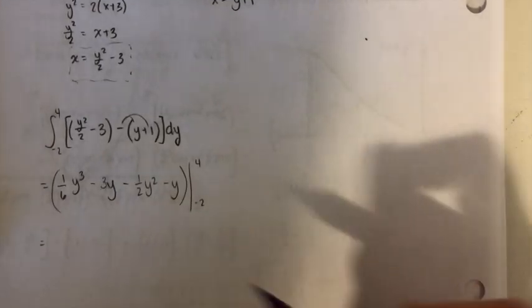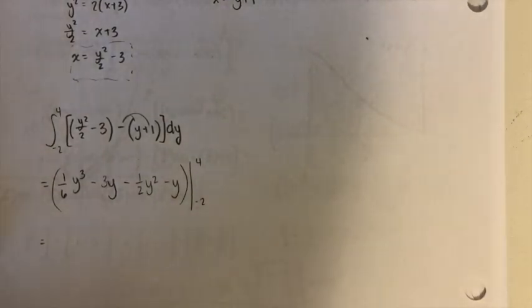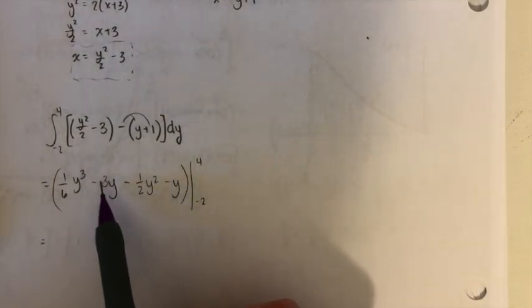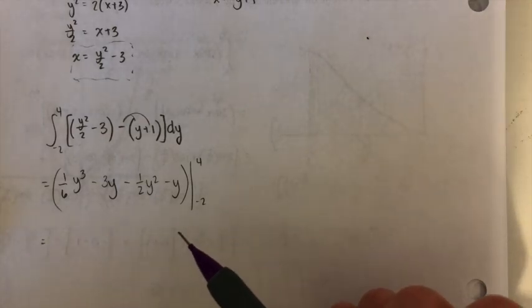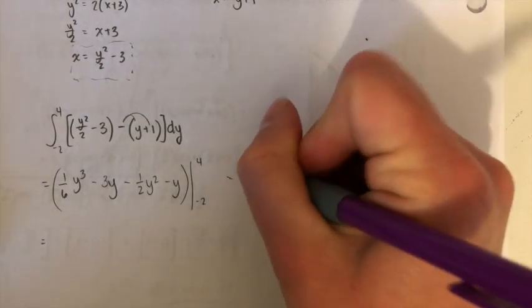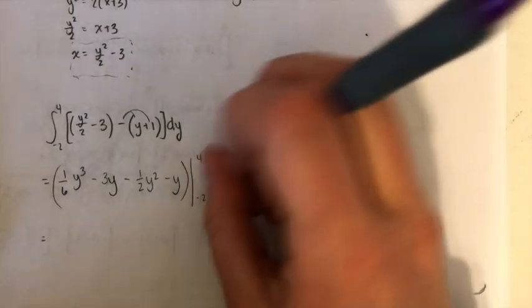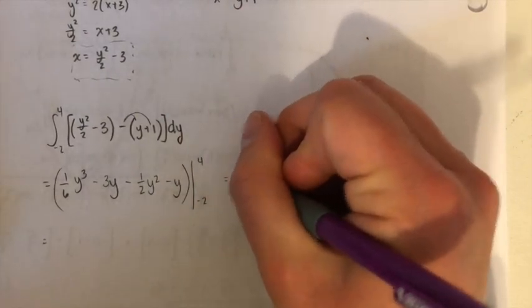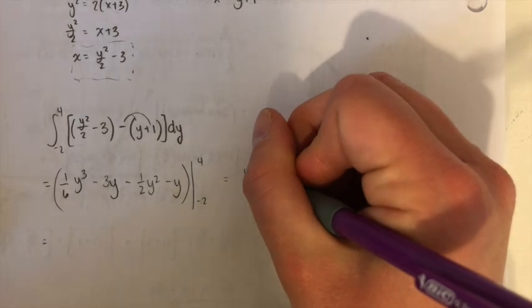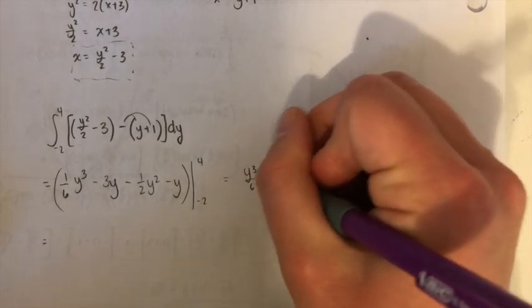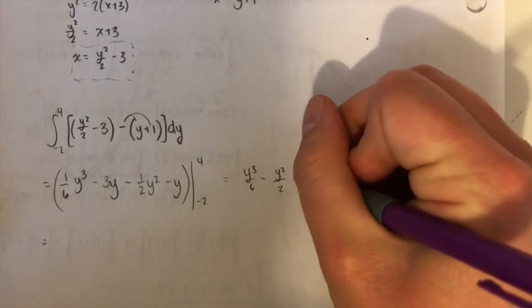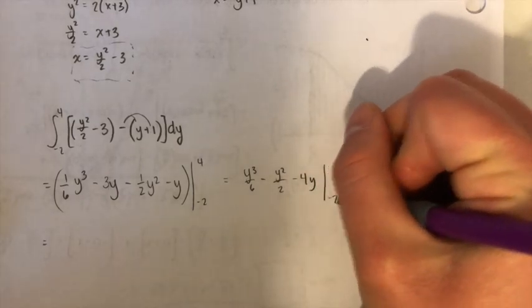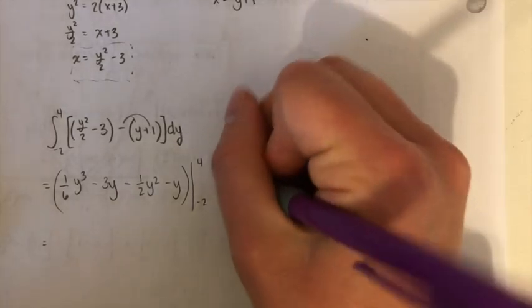So now I'm going to combine this because this is -4y, which seems easier. Okay, so I'm going to write that over here so I don't run out of room. So this is y cubed over 6 minus y squared over 2 minus 4y from -2 to 4.